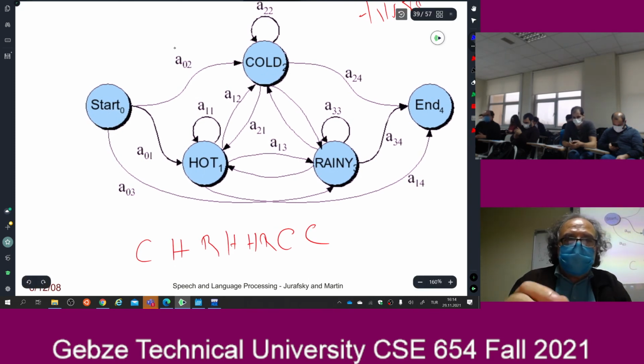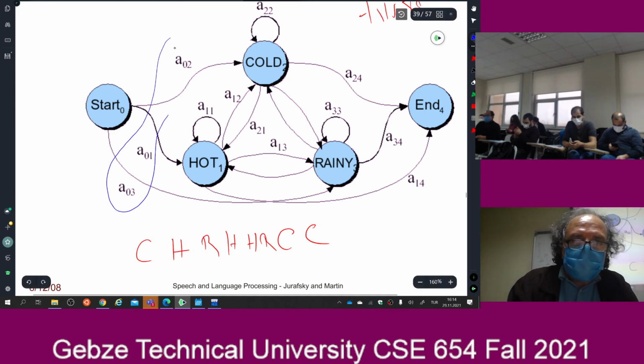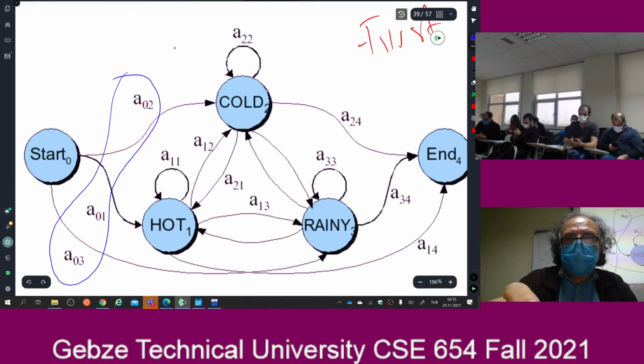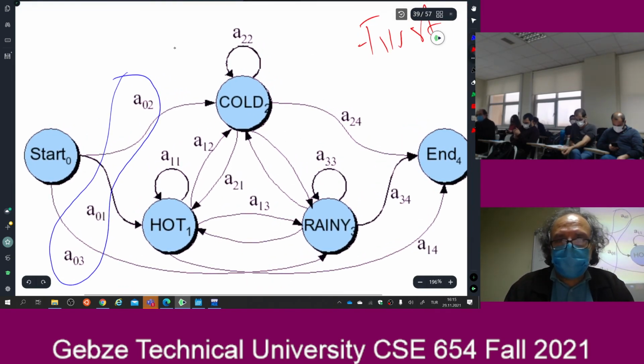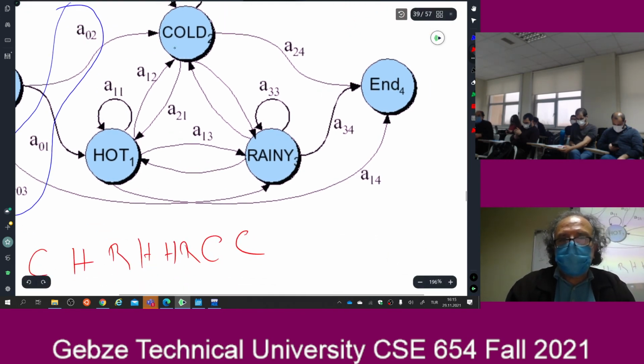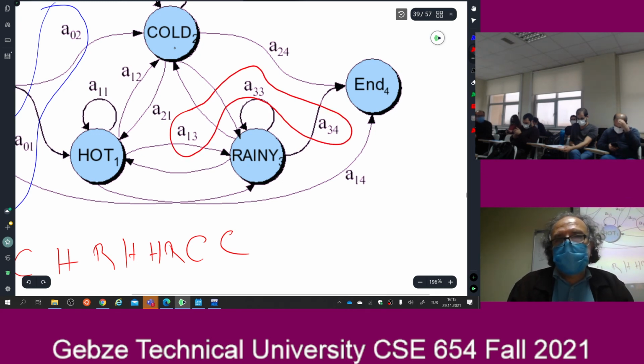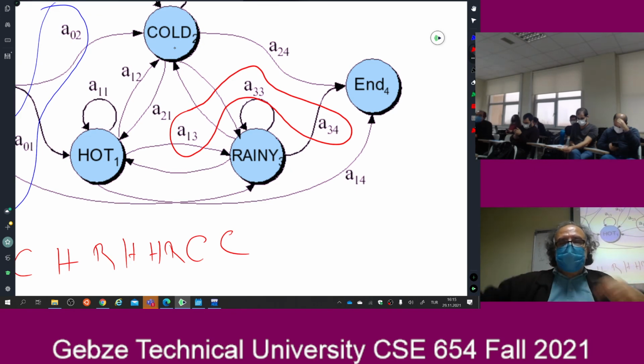So as you would expect, the sum of these three numbers is 1.0, right? Also, the sum of this number and this number again is 1.0, right? Because something has to happen there.